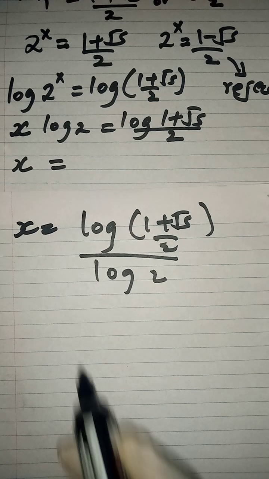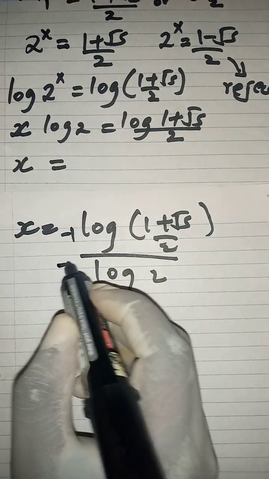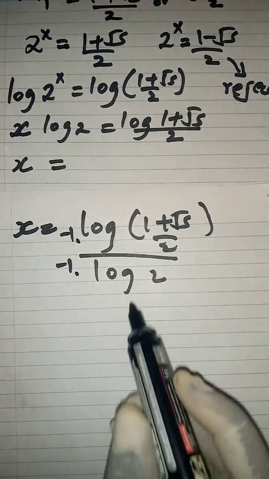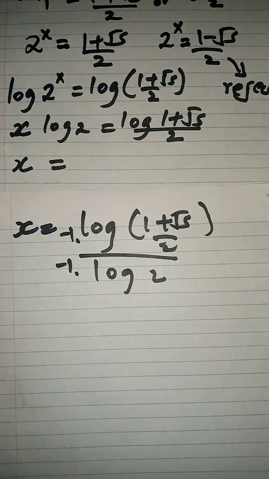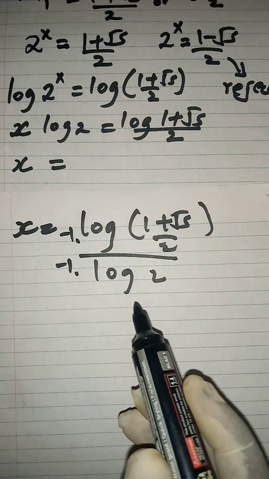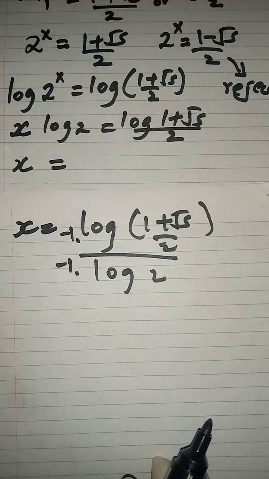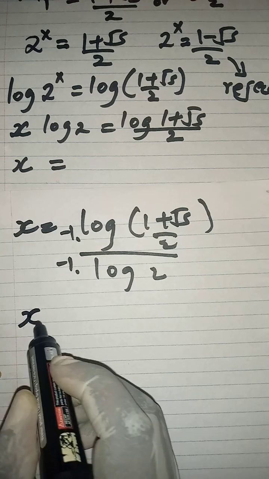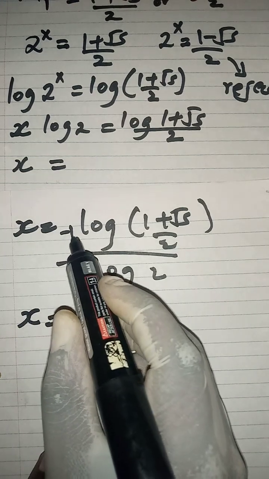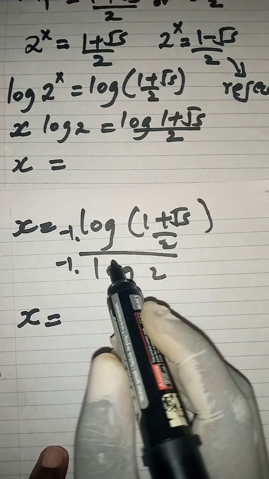So we continue. I'm going to negate. Negate means I'm going to multiply above and below with the negative number so that it becomes simpler. So when I negate, then x now becomes negative 1 times the log of that.